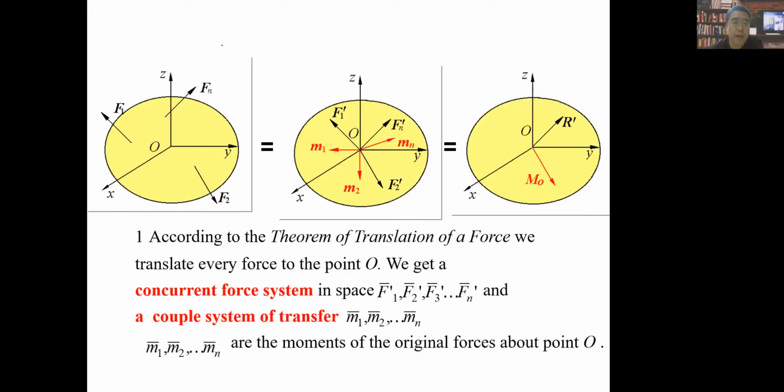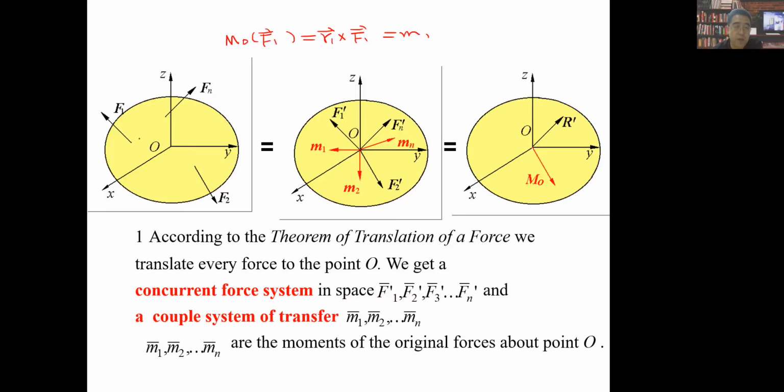Actually, MO(F1) equals R1 vector cross product F1 vector, right? So we can call that M1. Then we can just move this F1 from here to here.